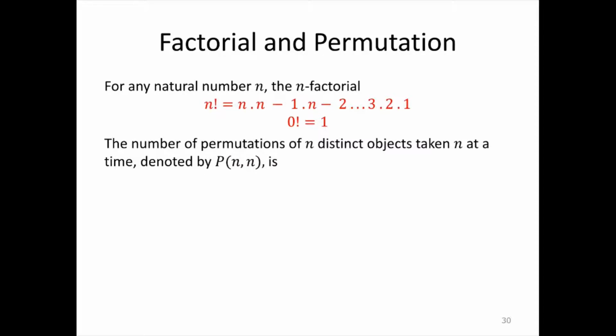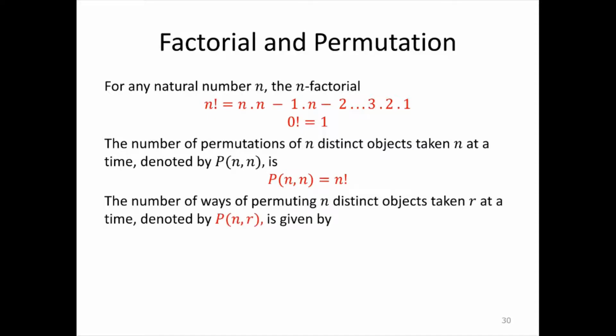So now, for the number of permutations of n distinct objects taken n at a time, it is just n times and so on until 1, which is equal to n factorial, and we denote that permutation as P(n,n). Now what if we don't want to take n objects at a time, but less than that? If we want to take only r objects at a time, then we denote the permutation with P(n,r).